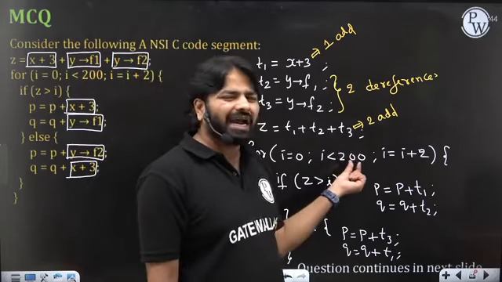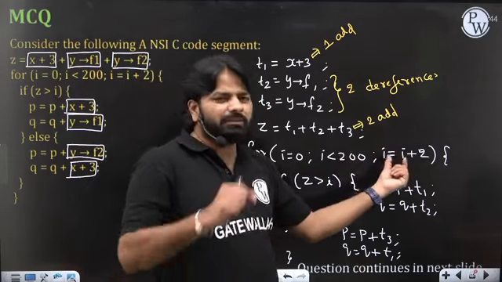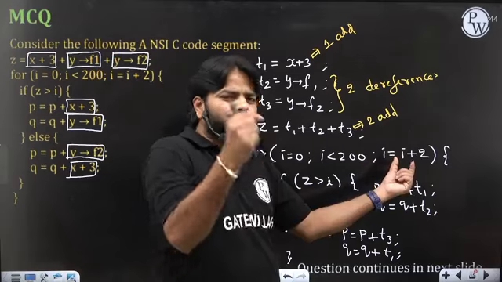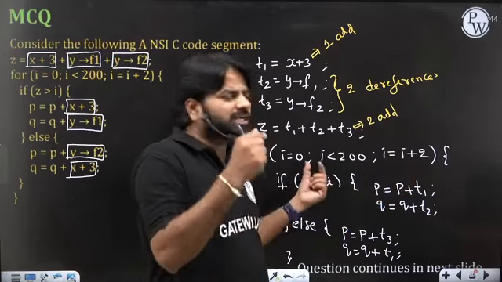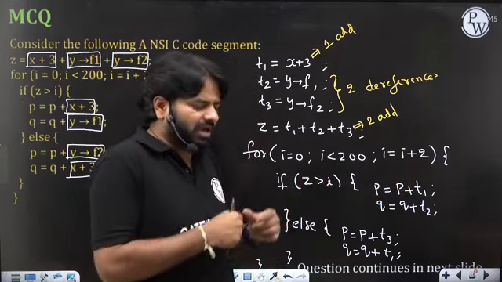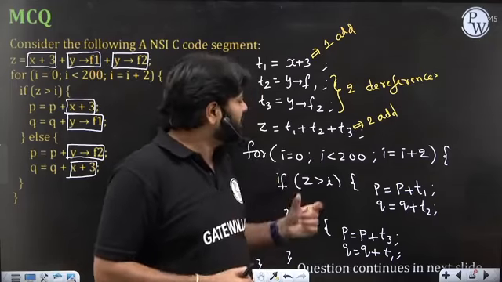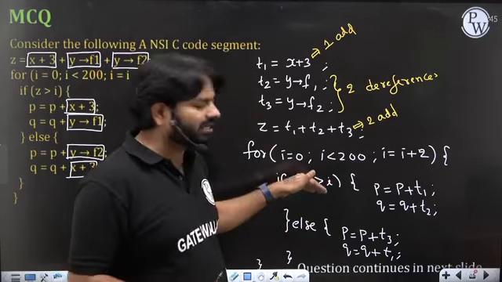From 0 to 199, every time you are incrementing by 2: 0, 2, 4, 6, up to 198. So you are entering exactly 100 times, and you do the increment 100 times.